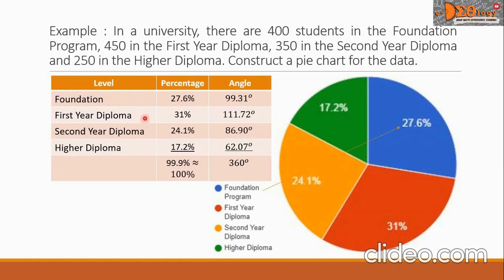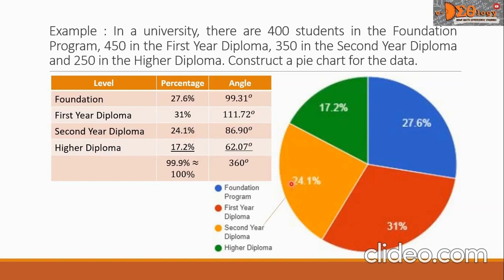The next level is for first year diploma, which is 31%. And here is the 31% in red-orange color. And the central angle here is estimated to be 111.72 degrees.